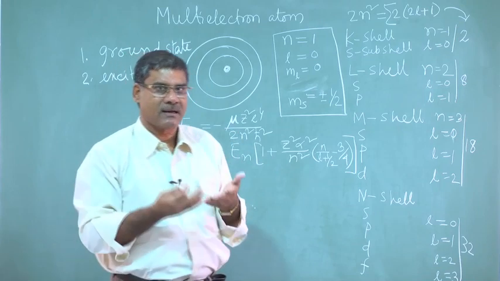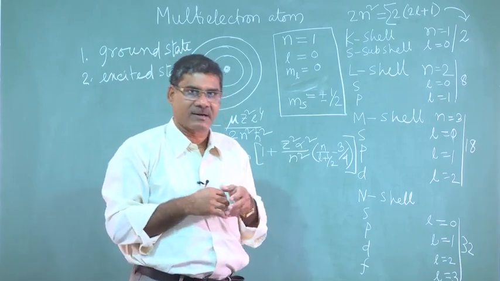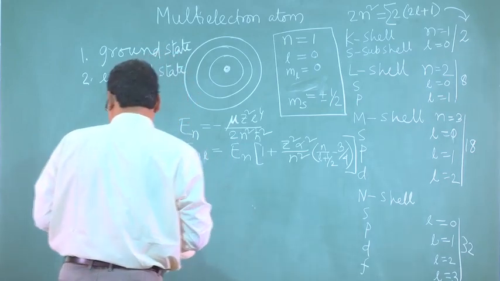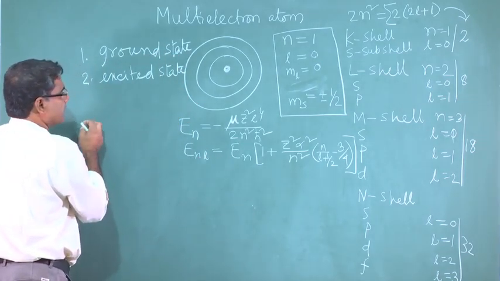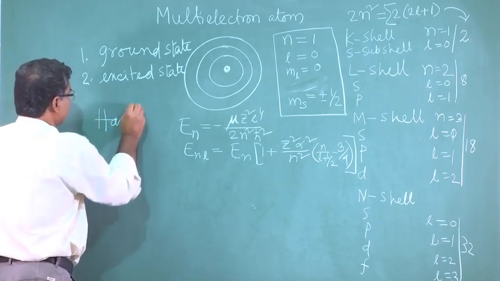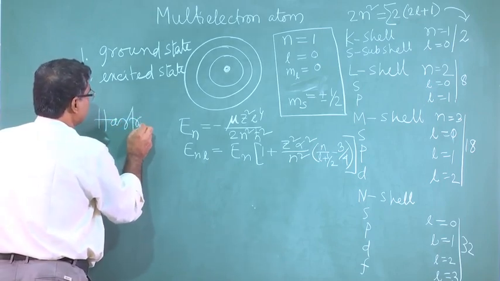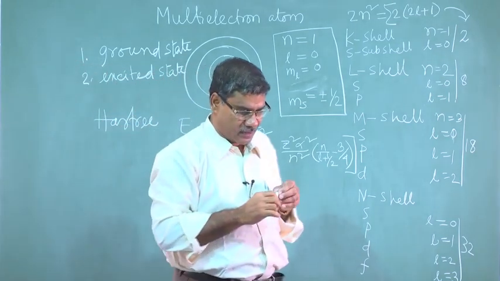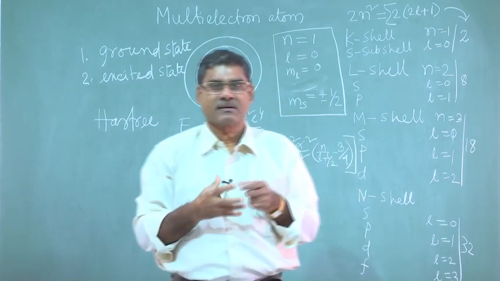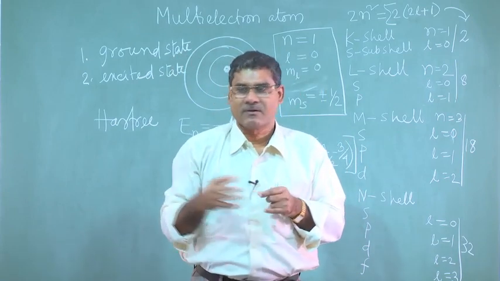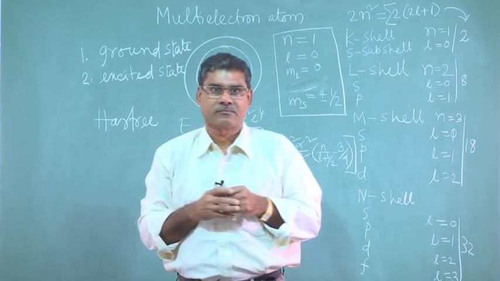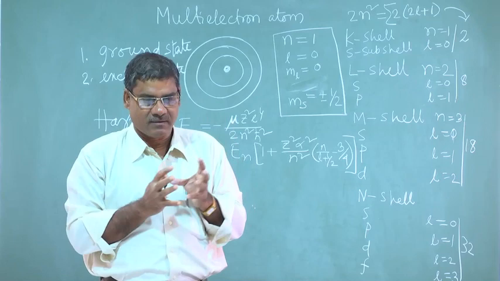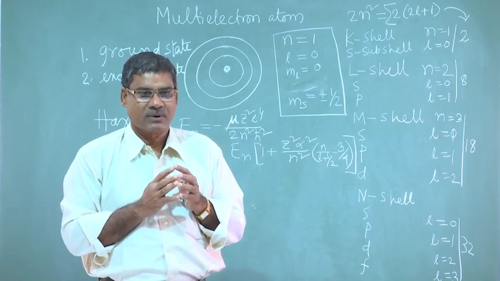That is considered in the Hartree method, or Hartree-Fock method. In that method for a multi-electron system, he considered a spherical distribution of the charge, so he considered the average.